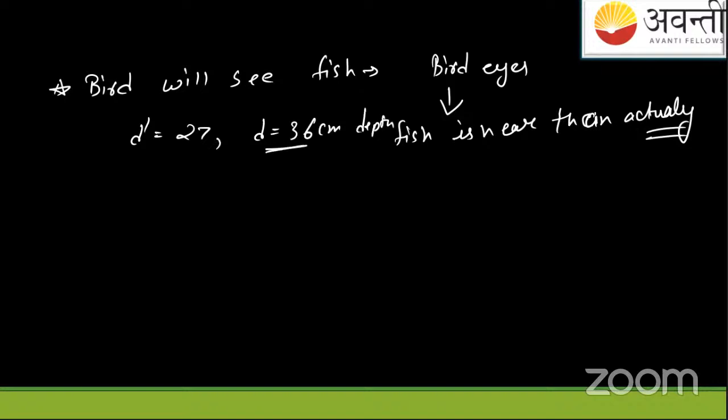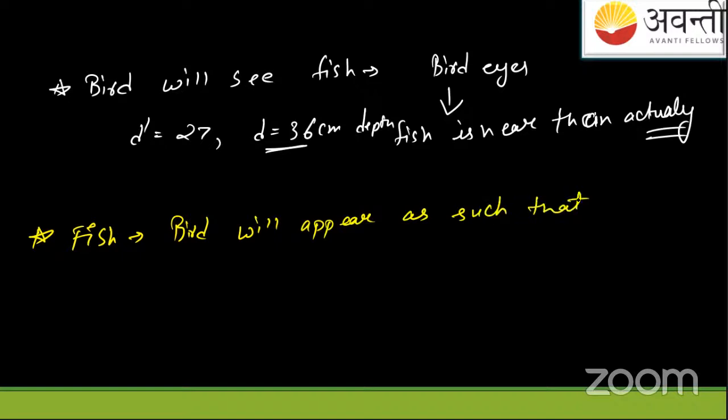And the second point is this: to the fish, the bird will appear far away than it is. In the first case it appears near, but in this case it appears far away than it is.